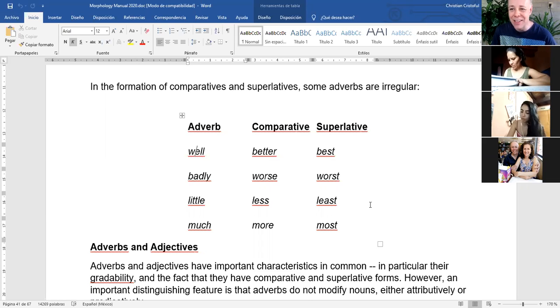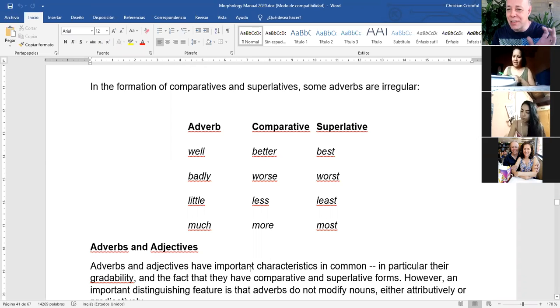So the task is to identify what the word is modifying. Does the word refer to the noun, to the subject? Does the word refer to the verb, to the predicate, or what? So that's the task. Many people get super confused between adjectives and adverbs. They are very similar. They cannot distinguish them.